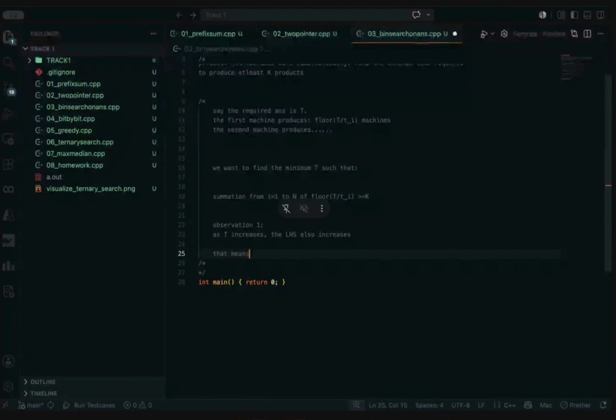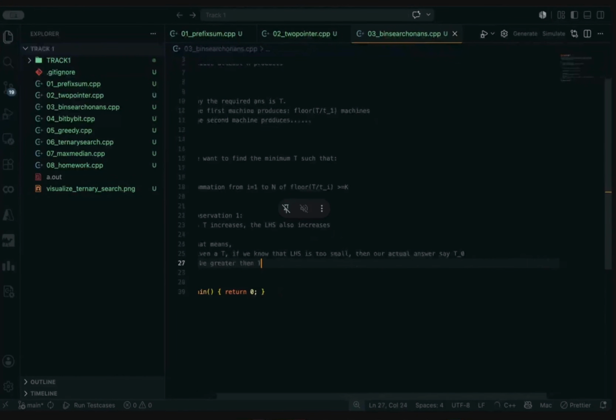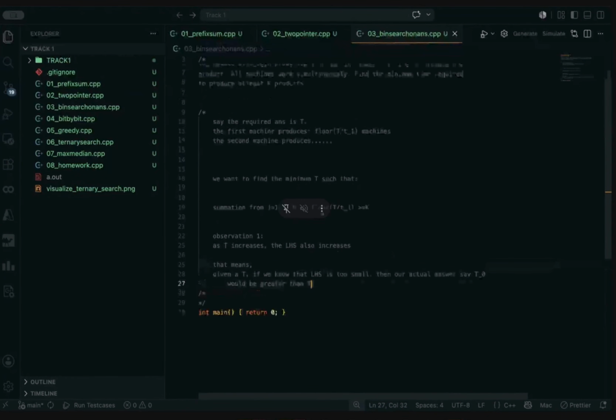That means, given a T, if we know that the LHS is too small, then our actual answer, say T naught, would of course be more than the time it takes to produce the too small number of elements.